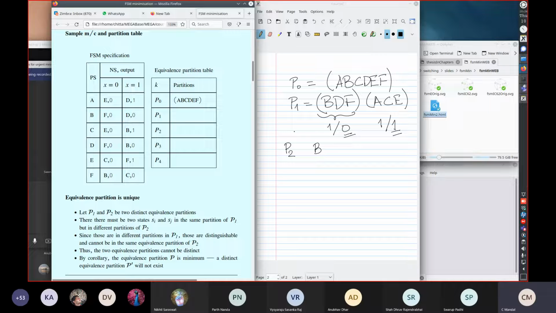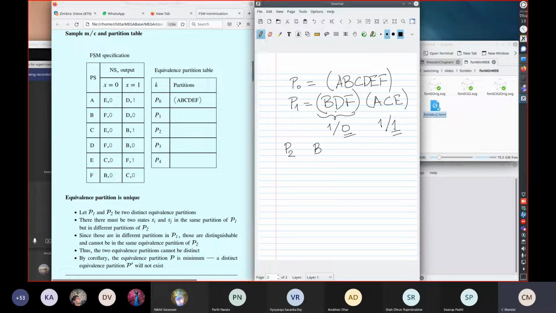All right. So you can distinguish F from B and D.